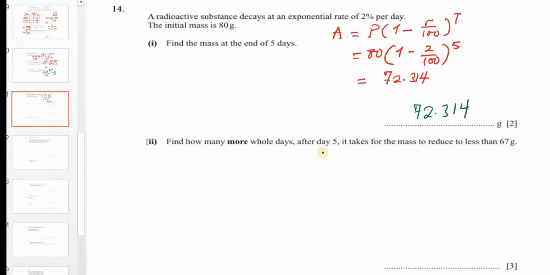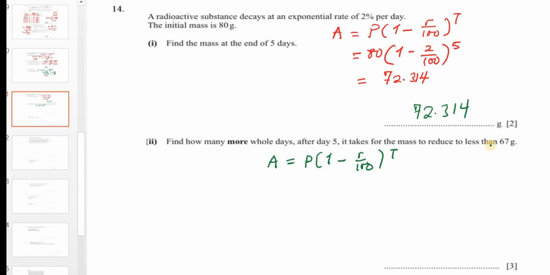If the mass must reduce to less than 67 grams, I can write the amount, still using the same formula, principal times 1 minus the rate of reduction, raised to t.